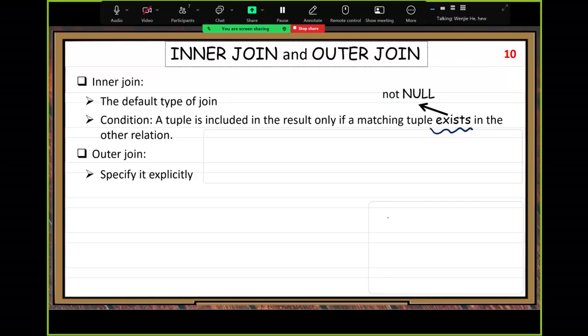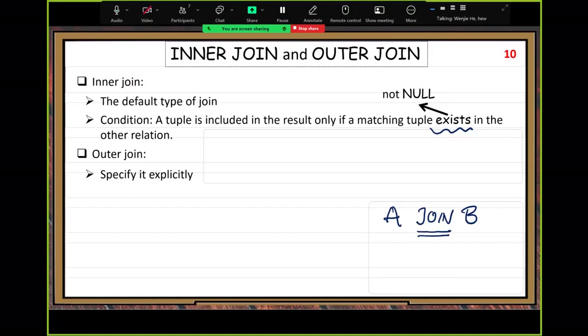A table, then join B table. You have A, you have B. This is the join operator, then two operands: the first operand A, the second operand B. So when you talk about outer join, you need to use specific operands.